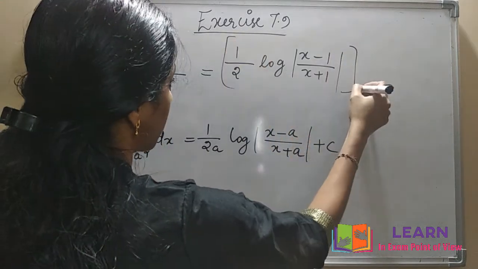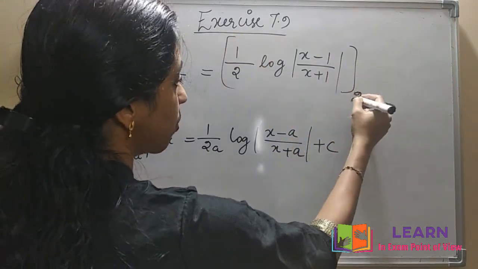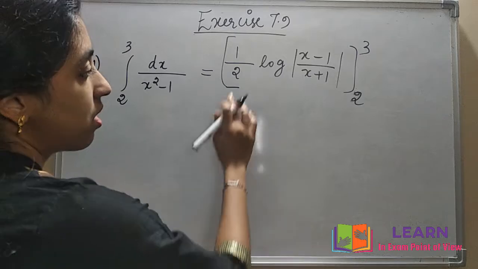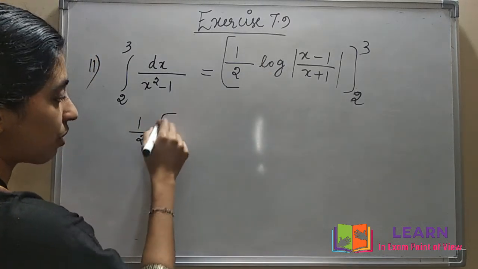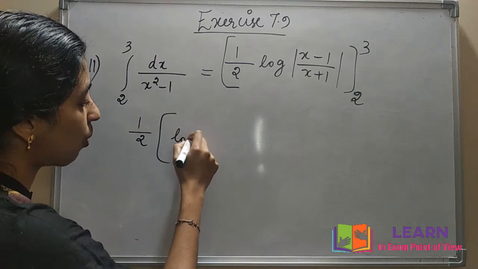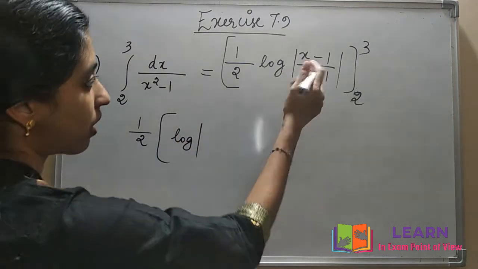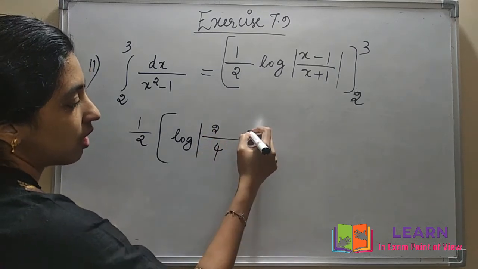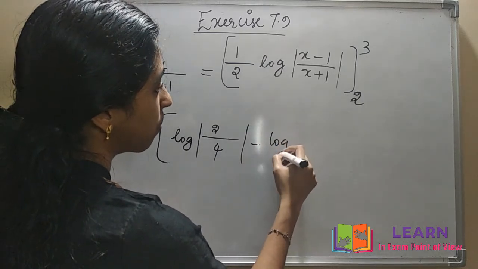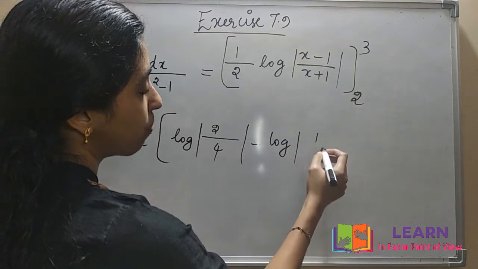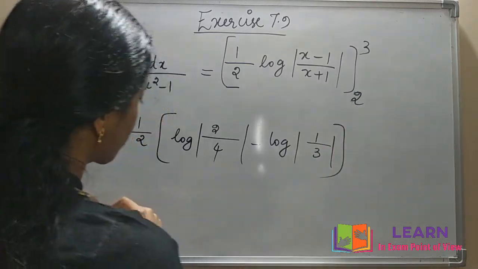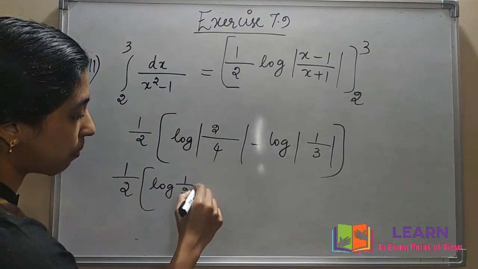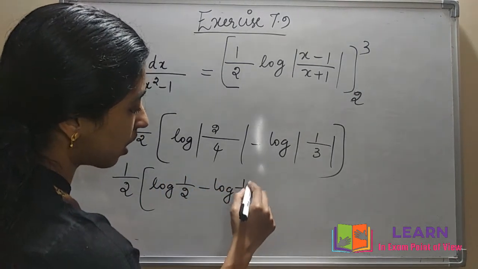Now apply the limit, that is 2 to 3. Here half you can take outside, no need of applying limits to that. Only for log mod, upper limit minus lower limit: 3 minus 1 by 3 plus 1, that is 2 by 4, minus log mod 2 minus 1 by 2 plus 1, that is 1 by 3. So that is 1 by 2 into log 1 by 2 minus log 1 by 3.